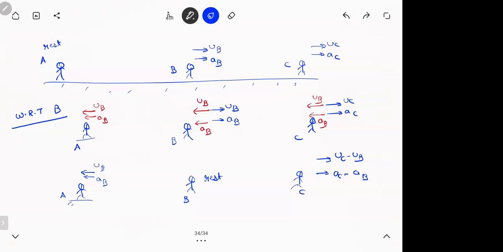Copied? If you see, relative motion tells you something more philosophical also. It tells you things are always relative. What you see and what I see, the same thing, we might have a different feeling about it.